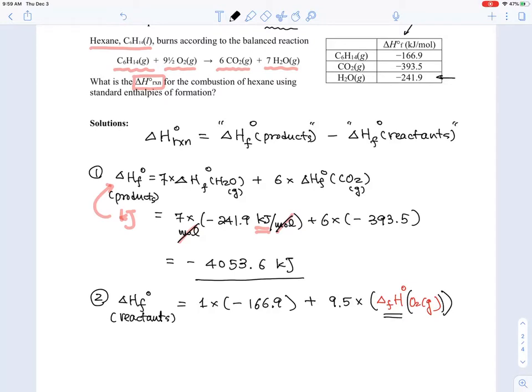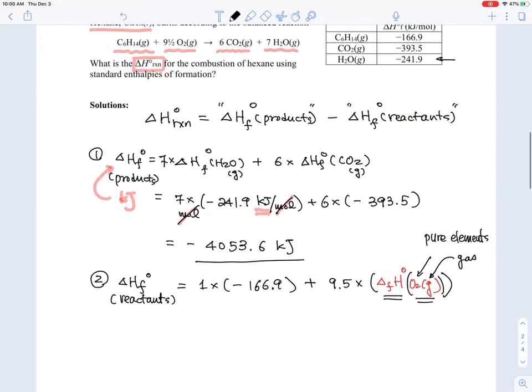I need a heat of formation for O2, and once again O2 is a pure element, and the oxygen is a gas at the standard state, so O2 is a gas at STP.